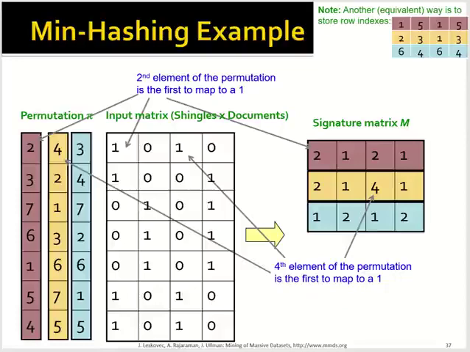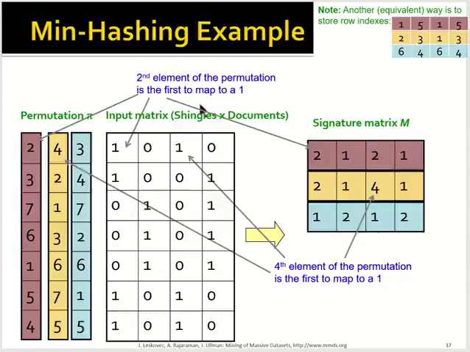Now, let's see an example for a better understanding of how min-hashing works. In this example, min-hashing tries to find the smallest row numbers for this function.